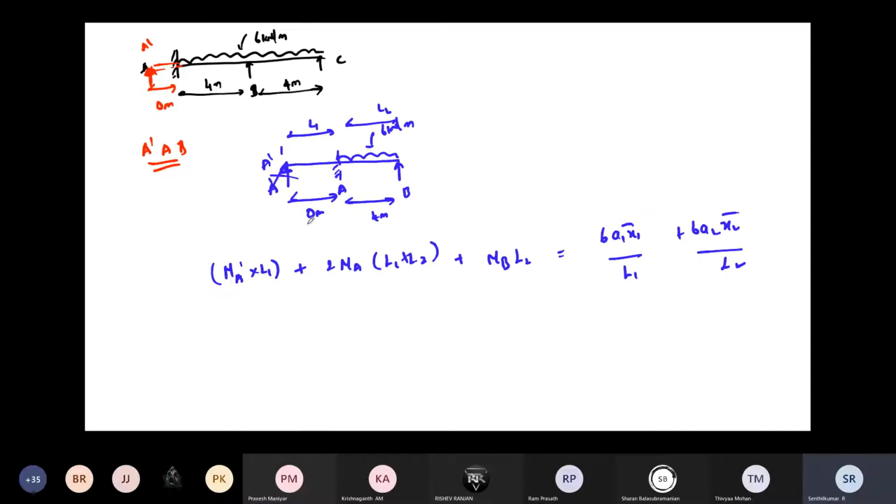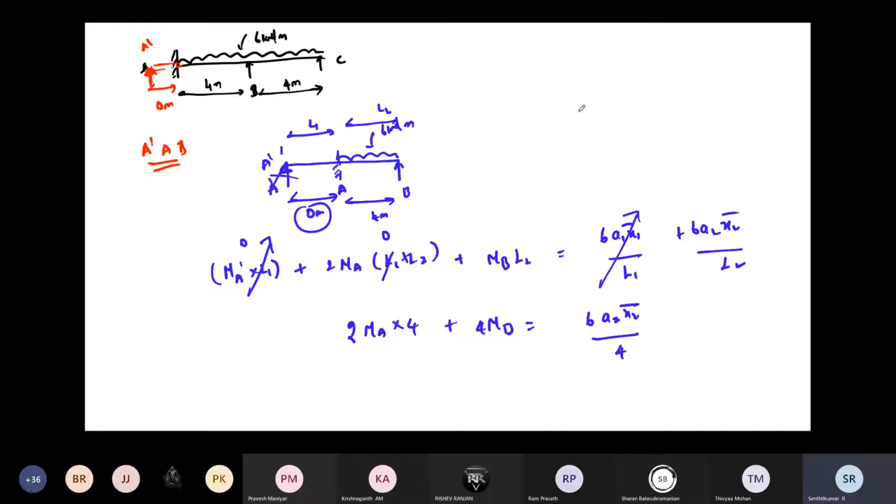Now L1 is nothing but 0 meter. Here nothing is going to be there, no area, no bending moment diagram at all, because we don't have any loading. So the only thing is 2 times MA into L2, which is 4 meter, plus 4 MB equals 6 A2 x2 bar by L2, where L2 is 4 meter.